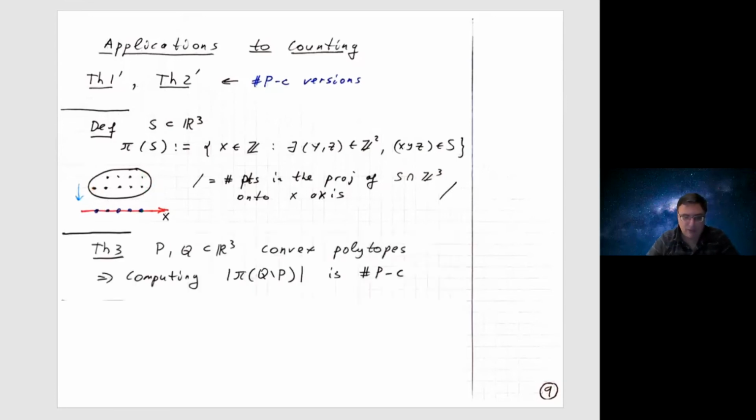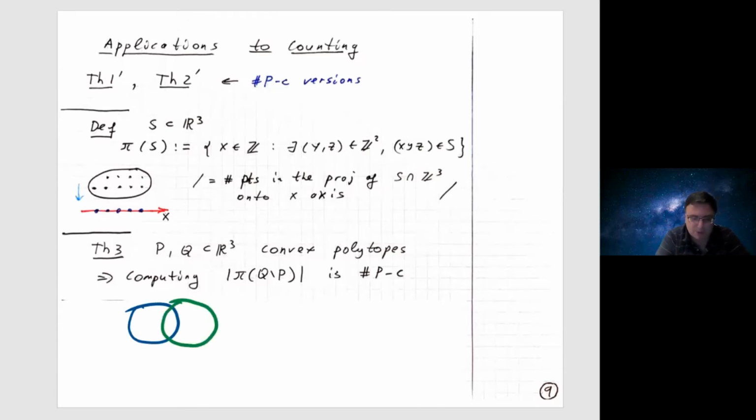And now what we prove is a rather strange result. What we prove is that in R3, if you have 2 convex polytopes, computing this number pi in the difference of 2 polytopes is actually Sharp P complete. So to give you an idea what's going on, here is one polytope, and here is another polytope.